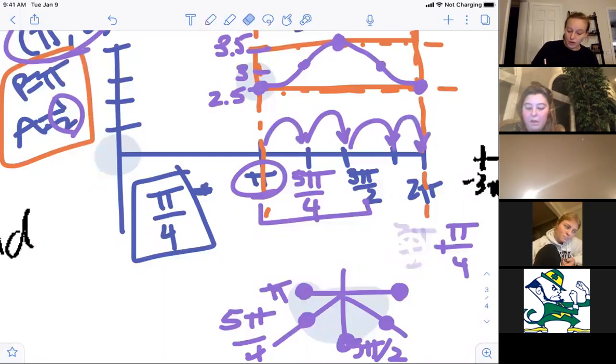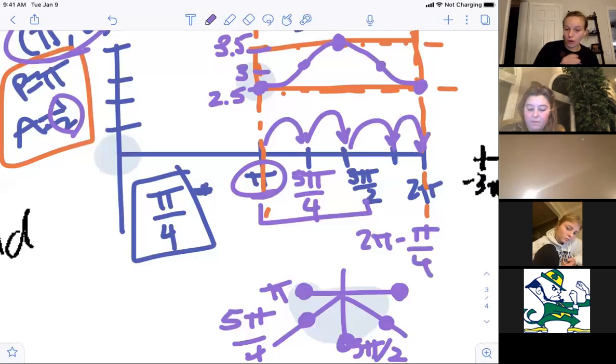So I did, okay, well, if I don't want to add to an already ugly fraction, what if I did 2 pi minus pi over 4? And I can rewrite 2 pi as an improper fraction, 8 pi divided by 4. 8 divided by 4 is 2, so that's the same thing as 2 pi. And I can easily do 8 minus 1 is 7 pi over 4.